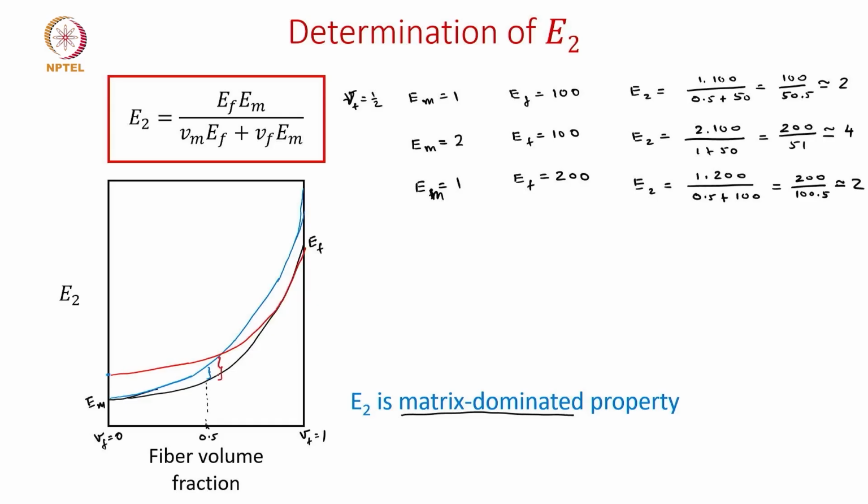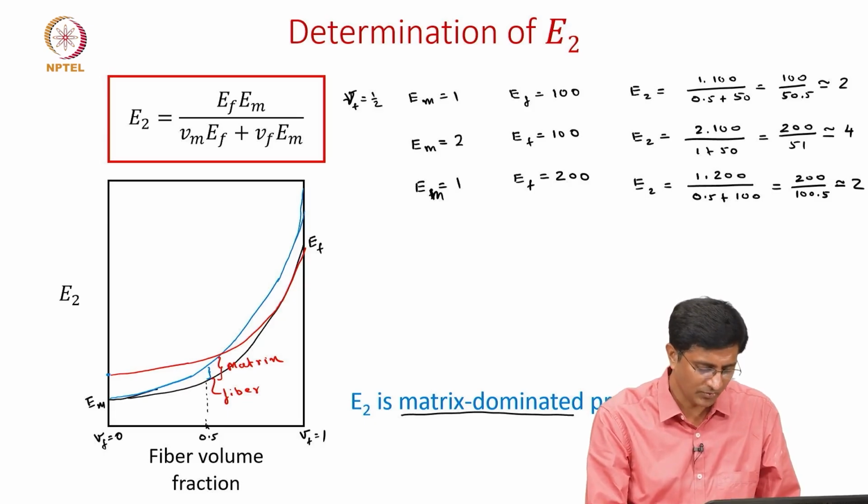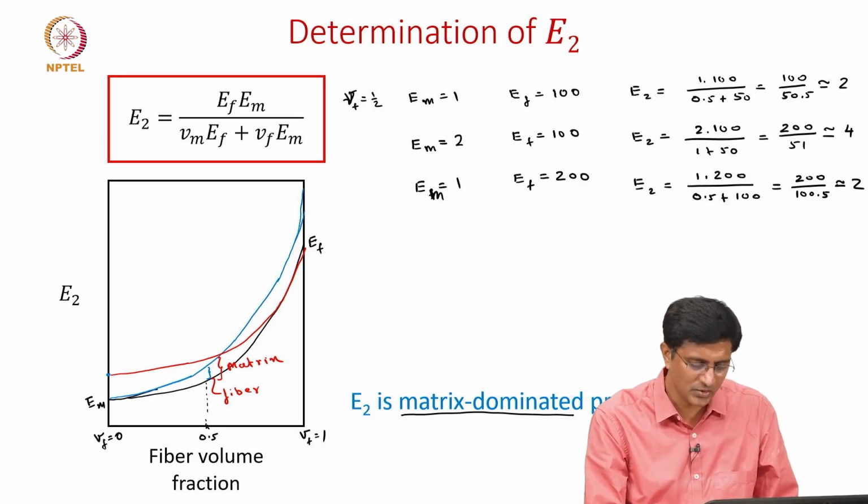So this is the variation coming from the matrix, and the earlier one is from the fiber, by doubling the properties of the matrix and the fiber. Pictorially also we can see the variations from the matrix are much higher than the variations from the fiber. So for these reasons we can say that E2 is a matrix dominated property.